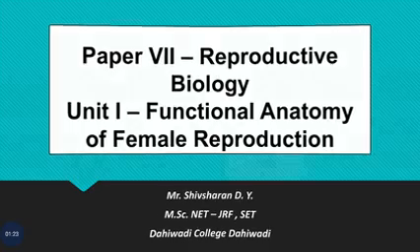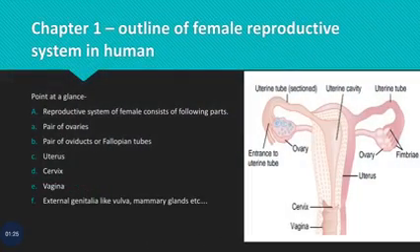In humans, we know there are different systems functioning in our body day-to-day, and one important system is the reproductive system. Here in the first slide, I am denoting some points.